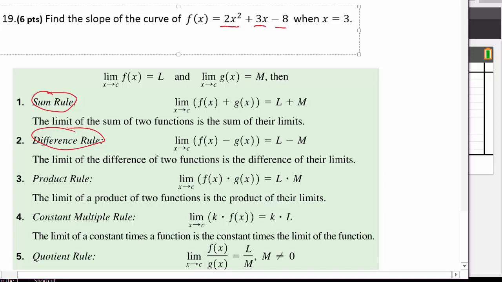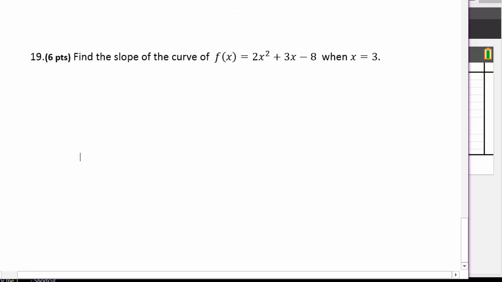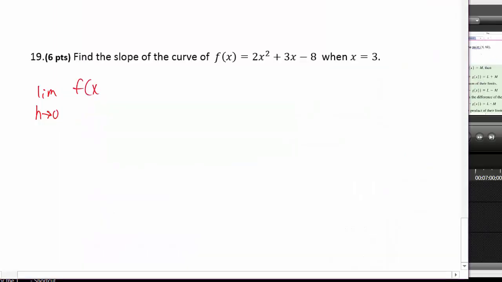So I'm going to grab this function, and down here, here's what I'm going to do. I'm going to separate this into 3 parts using my sum and difference rules. So I'm using the limit of f of x plus h minus f of x, all over h.